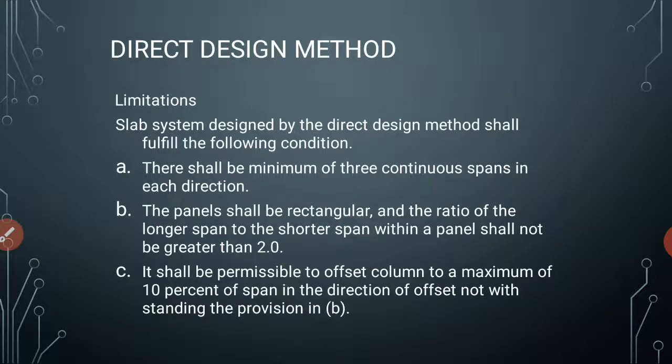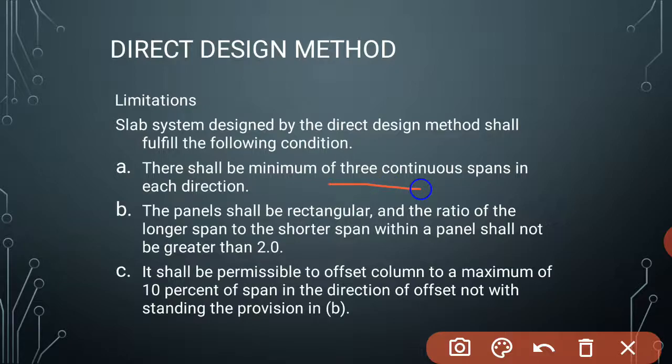The direct design method is applicable to a given flat slab system if it satisfies the following conditions. There shall be a minimum of 3 continuous spans in each direction. So this is the first condition for design by the direct design method. Then the panel shall be rectangular and the ratio of longer span to shorter span within the panel shall not be greater than 2.